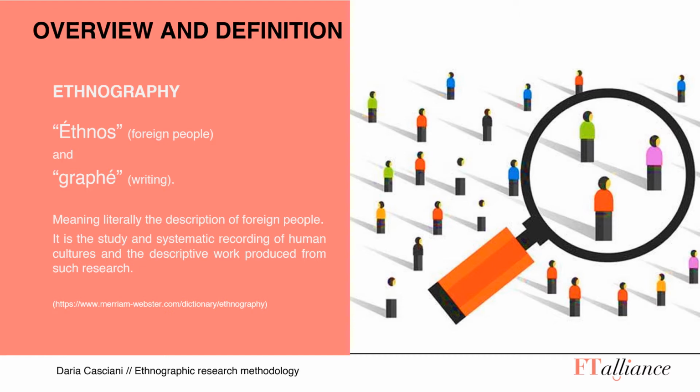First of all, that people who are engaged in the ethnography must be mobile to have come into contact with foreign society to begin with the research. Secondly, they require media such as writing, drawing, and images to record their observations or research. So ethnography is the study and systematic recording of human cultures and the descriptive work produced from such research.